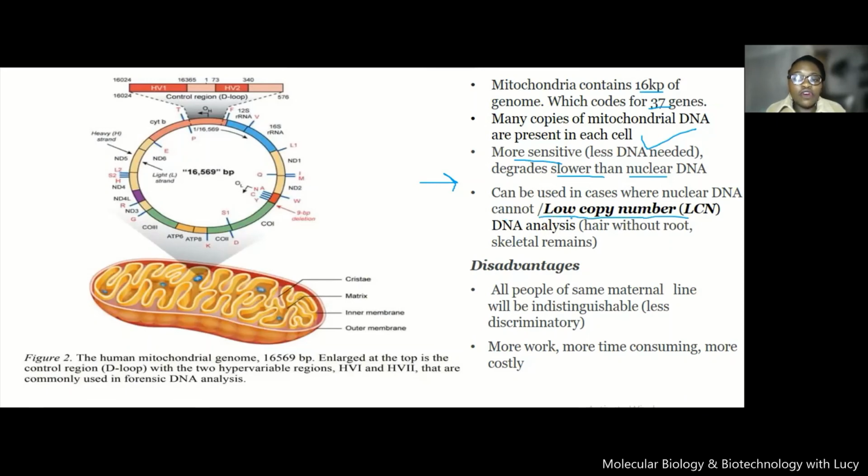And therefore, mitochondrial DNA analysis is a low copy number DNA analysis method. Of course, we are saying it has disadvantages because if you're in the same maternal line, we cannot distinguish between the two of you or the many of you. Of course, it has more work, more time consuming, and it is quite costly.